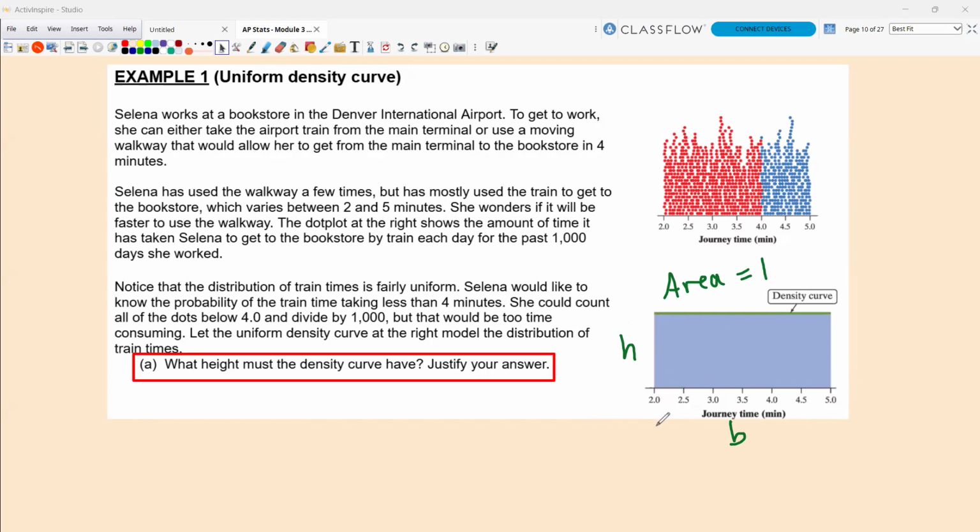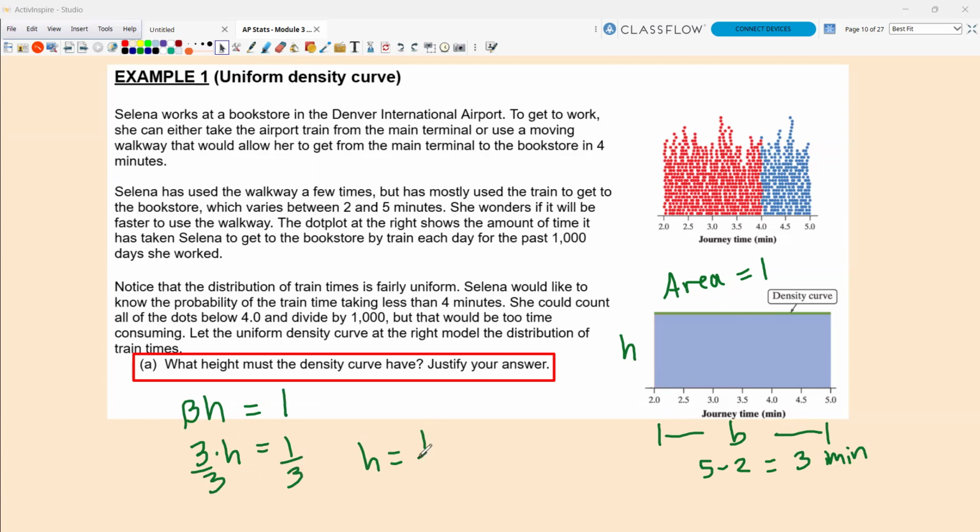In this case, we have a length from 2 to 5, so that distance is 5 minus 2, which is 3 minutes, which means our height is going to have to multiply with 3 to give you 1. So the height times the base being 1 means we really just have 3 times h. We just divide by 3 and you get a height of 1/3.